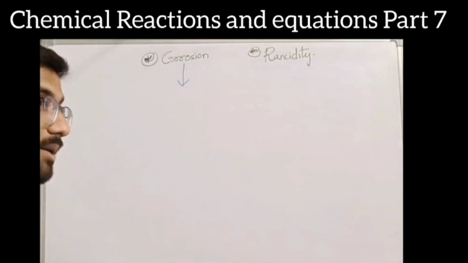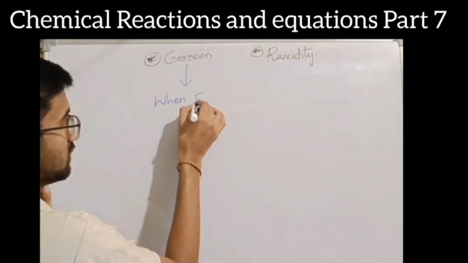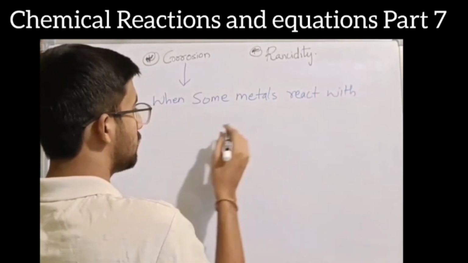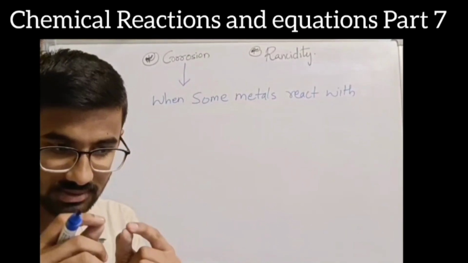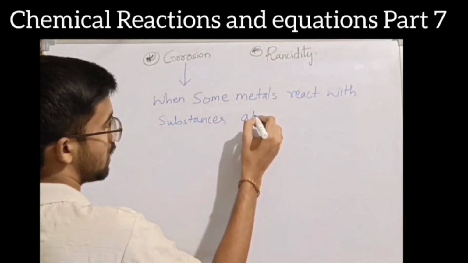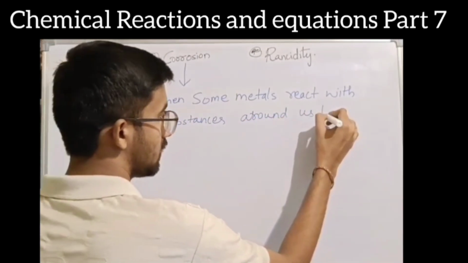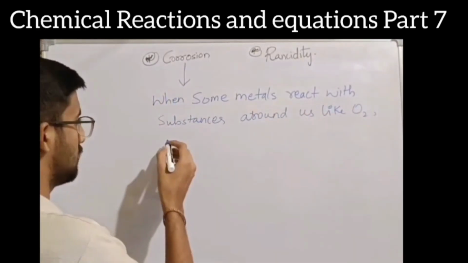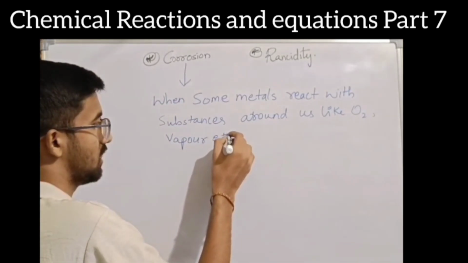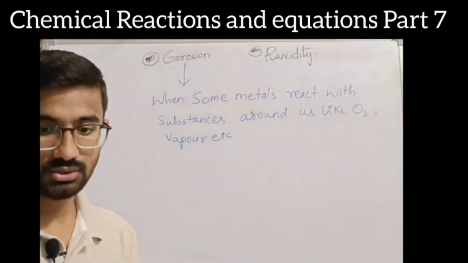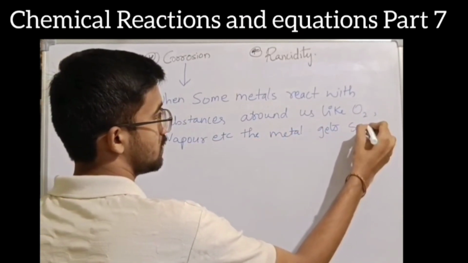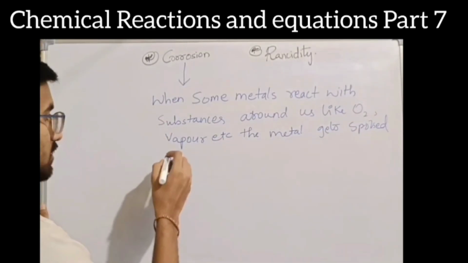When some metals react with surrounding factors or substances around us, like oxygen and vapor, the metals get spoiled, which is called corrode.